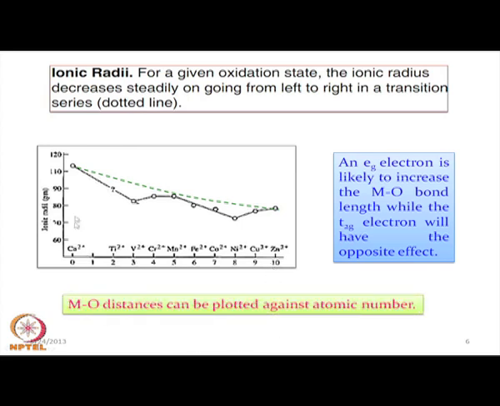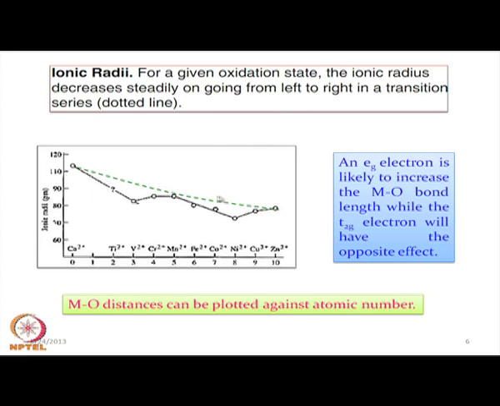We can have the same thing if we have a large number of these metal complexes, where the metal can be bound to a metal hydroxide system, or metal oxygen from other phenolate donor ligands, or the metal water distances. We can plot them against the corresponding atomic number or the d electron occupancy.